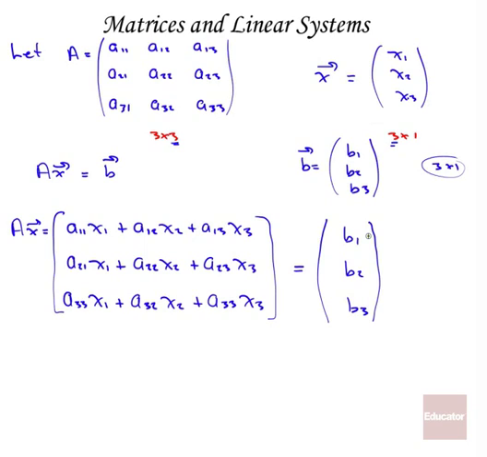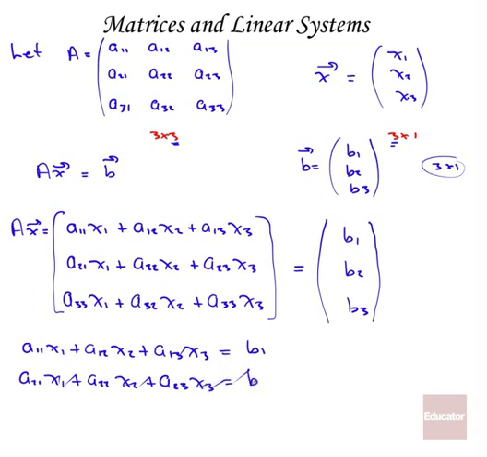So I write a11 x1 plus a12 x2 plus a13 x3 is equal to b1. And a21 x1 plus a22 x2 plus a23 x3 is equal to b2.